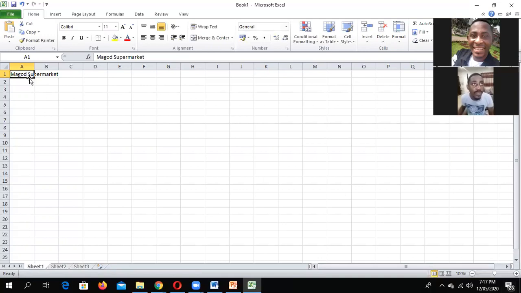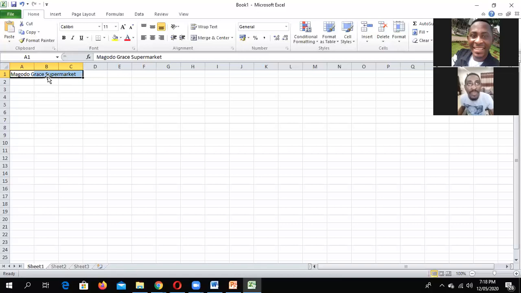Something is wrong with my Magodo here, so I'll click and correct it. Magodo Grace Supermarket. So we're going to be learning how to use Microsoft Excel to store and calculate values, using Magodo Grace Supermarket as our yardstick.